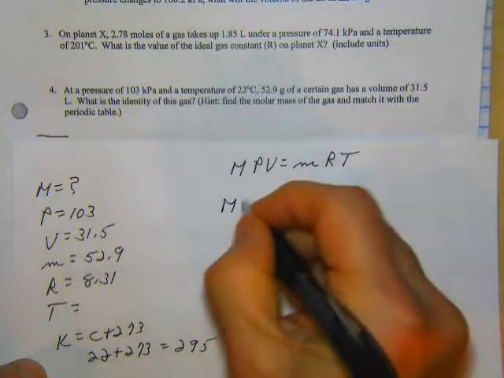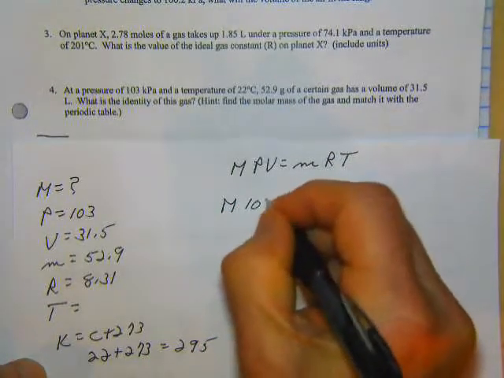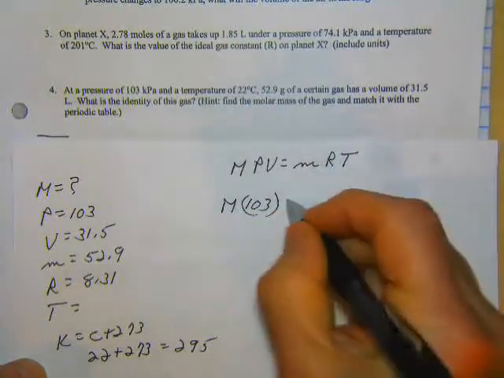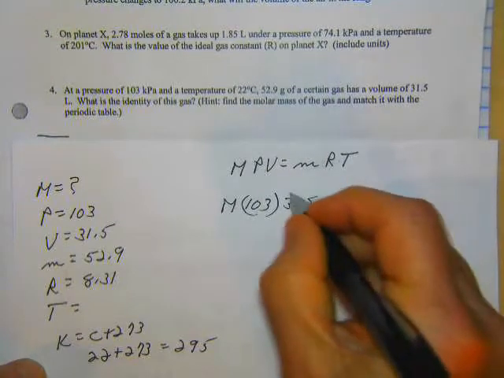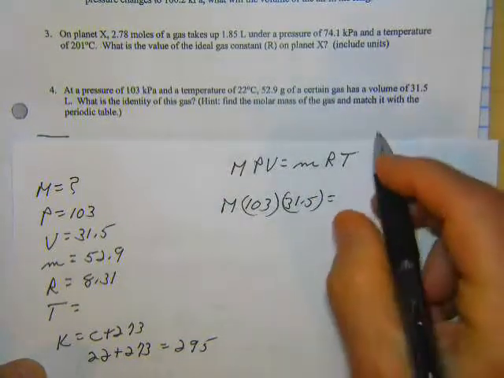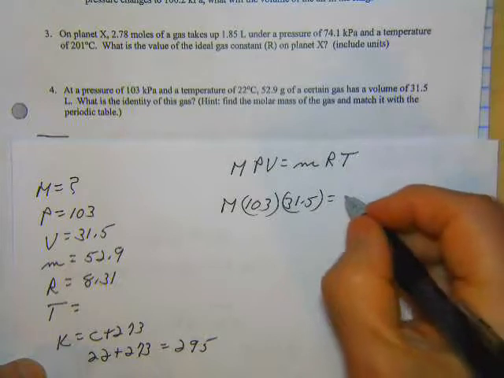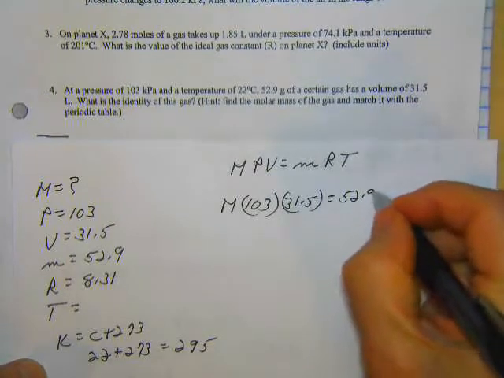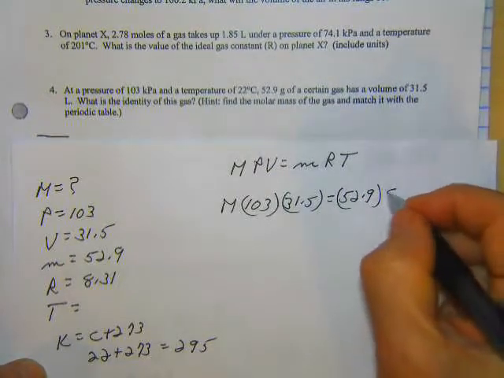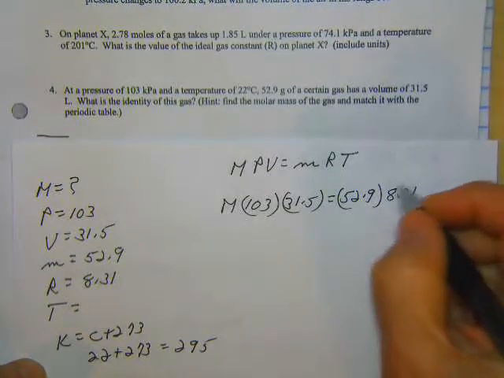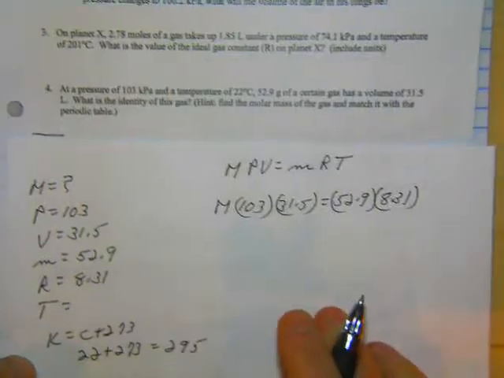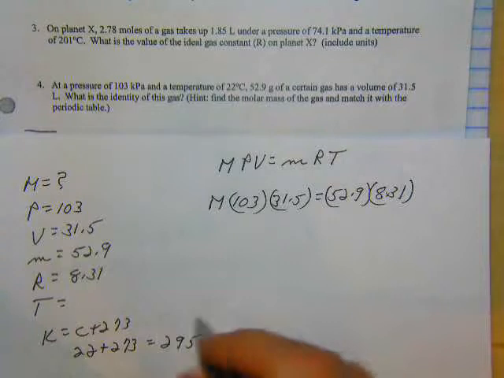So we can plug in. M, pressure 103, volume of 31.5. We have 52.9 grams. R is 8.31. And the temperature is 295.